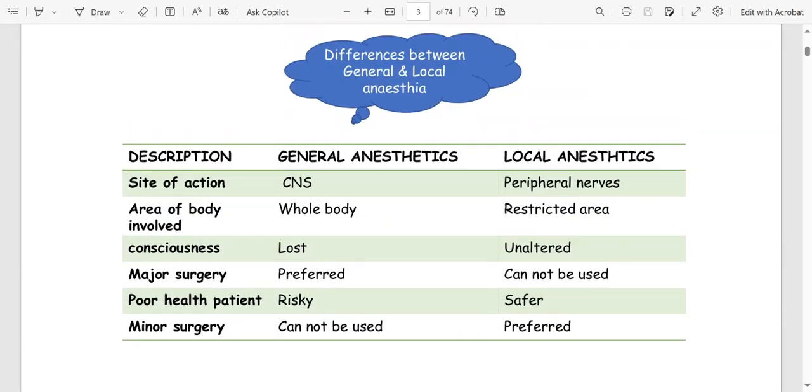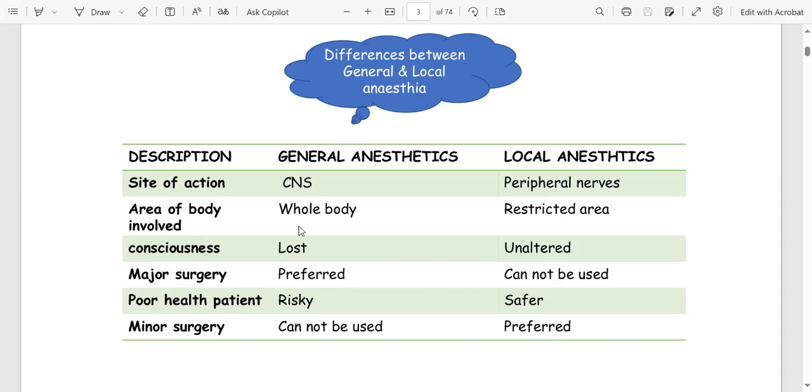The differences between local and general anesthetics: general acts on the central nervous system, like the brain and the spinal cord, so it will be able to knock off nearly the entire body. Local anesthetic works on peripheral nerves that are supplying only an area of the body. So general anesthesia involves the whole body, while local anesthesia is restricted only to an area.